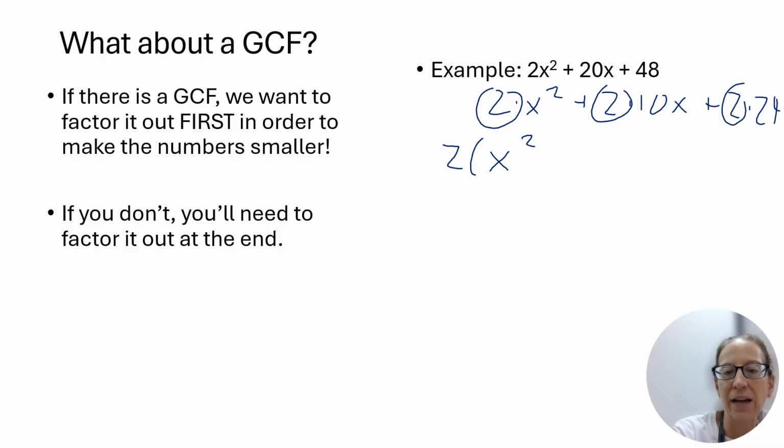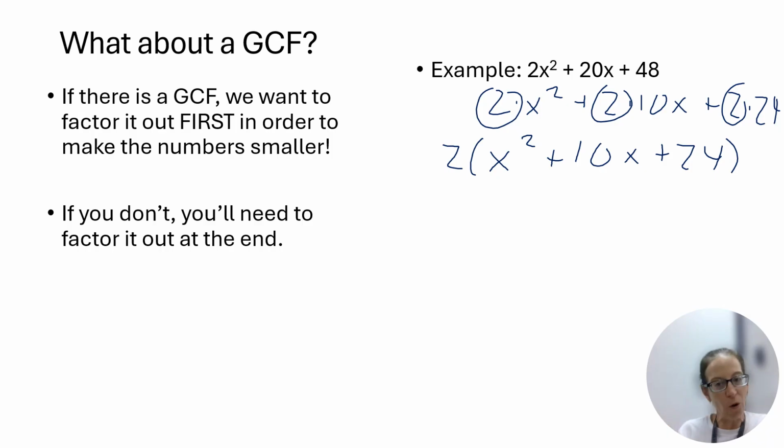And we're left with x squared plus 10x plus 24. Now, I'm not super thrilled with the 24. That's still bigger than I would like to have in a factoring problem, but it's way better than 48, and it's eons better than 96. So not thrilled, but we're not going to complain either because it's so much better than it was.